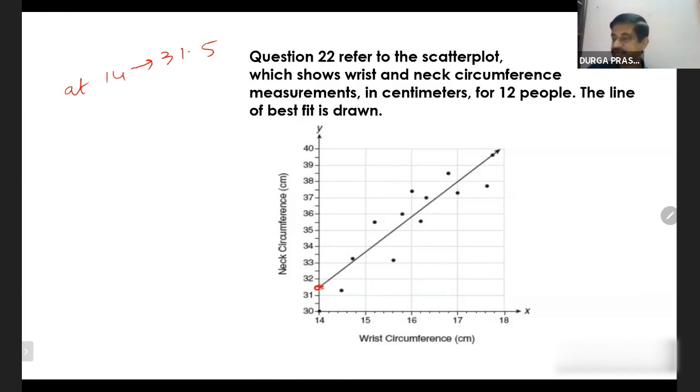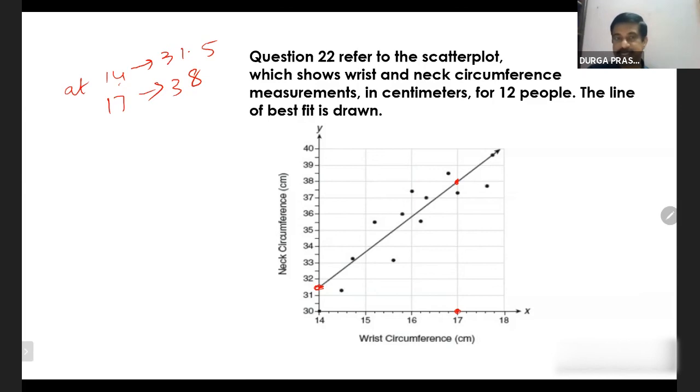And at 17, you see, when it is 17, we are getting this as 38. So here we are able to identify very clearly. Our identified points are: wrist is 14 and neck is 31.5. Wrist is 17, neck is 38. This is what we could identify.